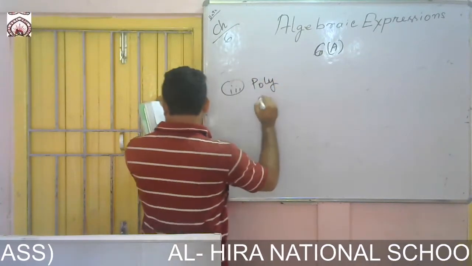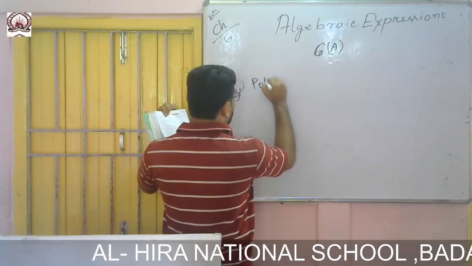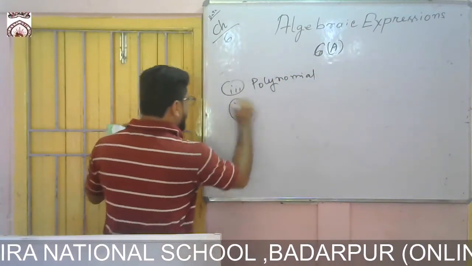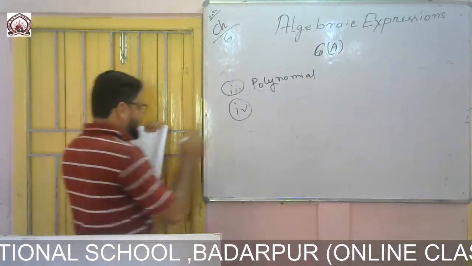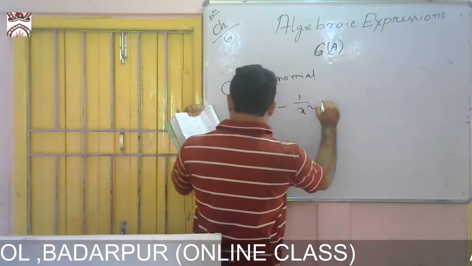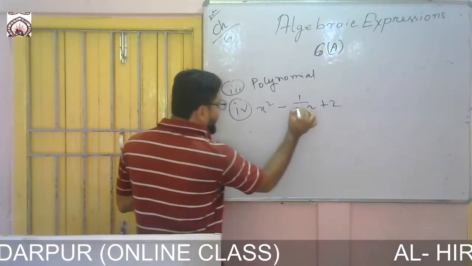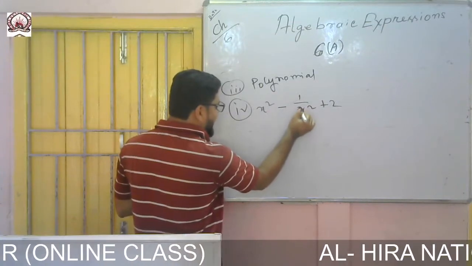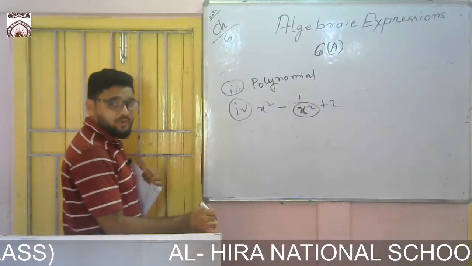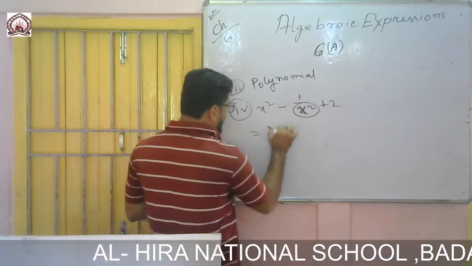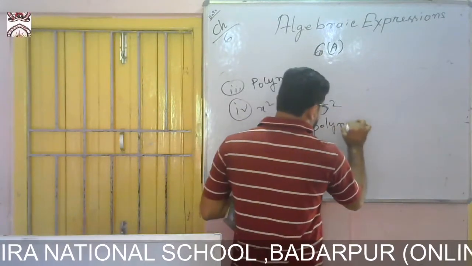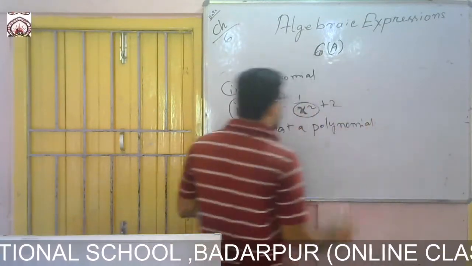You write the question, I am not writing. Question number 4: x square minus 1 by x square plus 2. Already there is 1 by x square. This x cannot be written in the denominator, so it is not a polynomial.